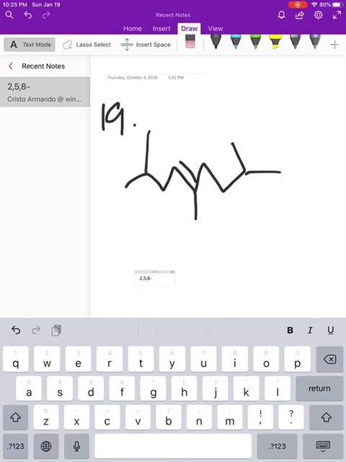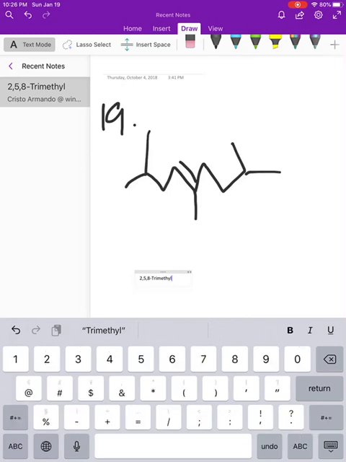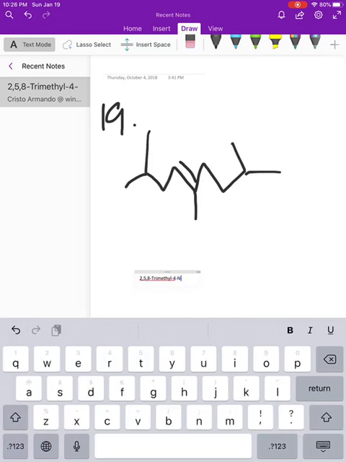This is going to be 2,5,8-trimethyl, 4-nonane, or nonene, because that's an alkene right there.